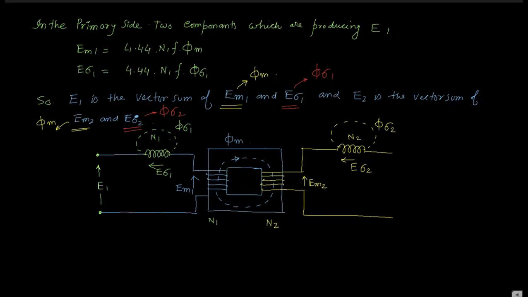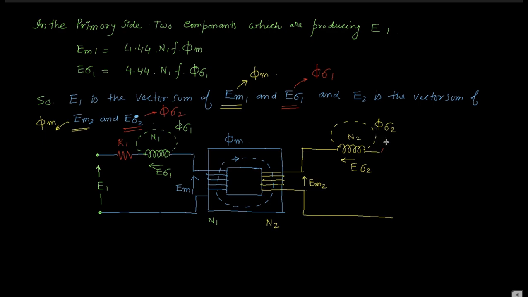Whatever the winding is made up of, it may be aluminum or copper, there must be some resistance associated with the wire, so that resistance can be drawn like this. This is R1, the resistance of the primary side winding.